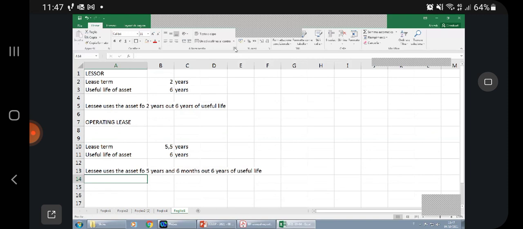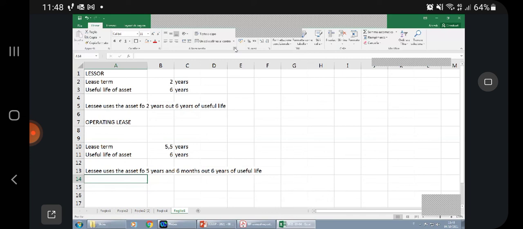The useful life of the asset is 6 years. And out of these 6 years, for 5 years and 5 months, the asset is used by the lessee. So it's the lessee that can benefit from the use of the asset for the major part, the majority of the useful life of the asset. Is this clear for everybody?